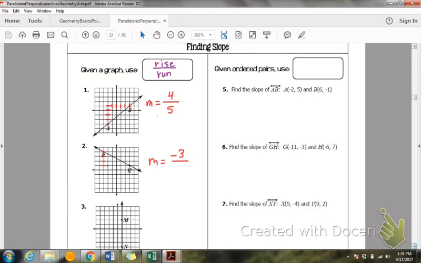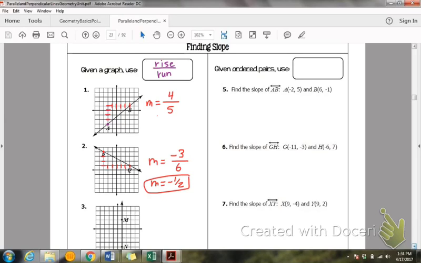And then I went over 1, 2, 3, 4, 5, 6. Negative 3 over 6. Can I reduce negative 3 over 6? Not negative 2. Negative 1/2, right? When you have a fraction and you can reduce, you should always reduce.